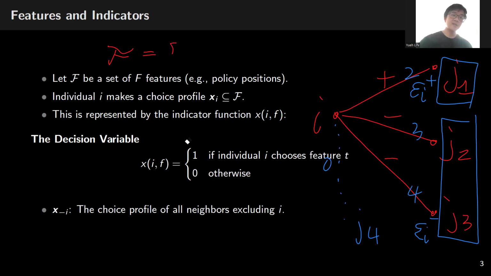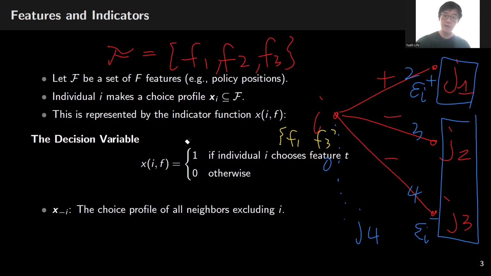Now that's abstracted into, let's say, just three features, F1, F2, and F3. These are the set of features, and each individual can choose among those features. For example, individual I chooses features F1 and F3. Individual J2 chooses feature F1. I'll just do two examples.